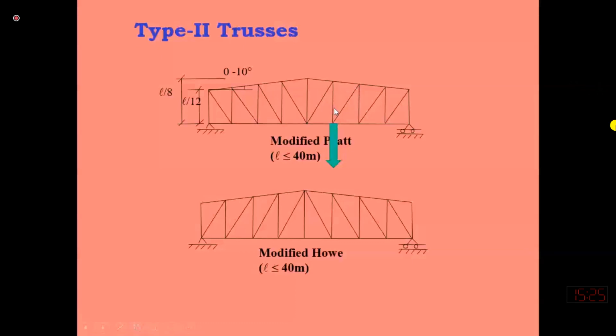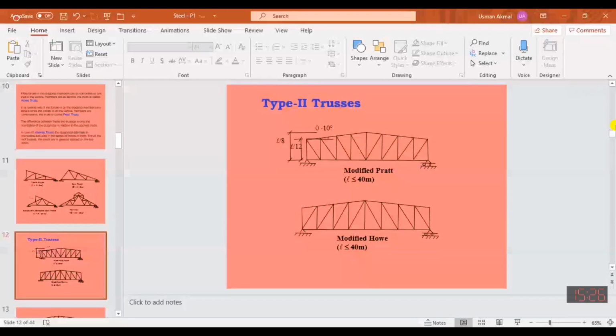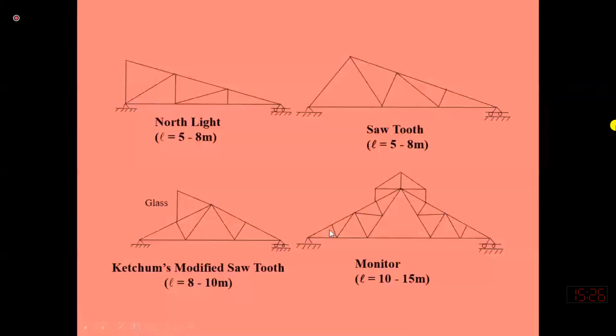So it means that the definition is not based upon the configuration. The definition is the behavior of the forces which are being developed in the interior members. So the difference between these two trusses is only the orientation of the diagonal members in relation to the applied load.